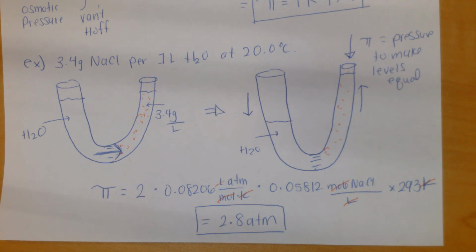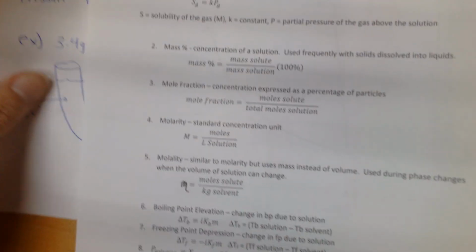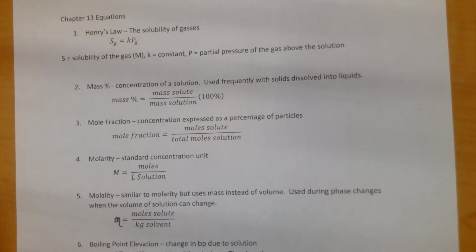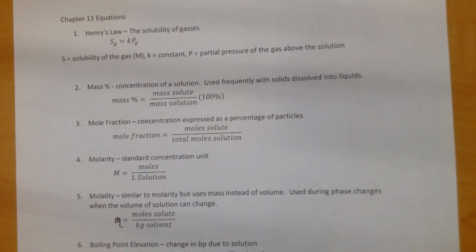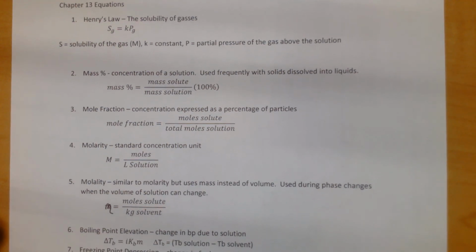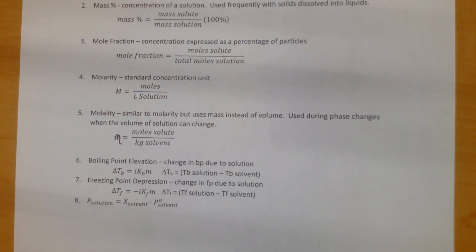That is the end of the colligative properties and the end of things from chapter 13. Again, the concepts are not huge. It's mostly just a lot of practice using your chapter 13 formulas. We went through using all of these.